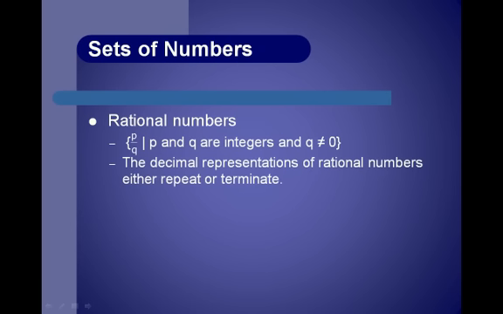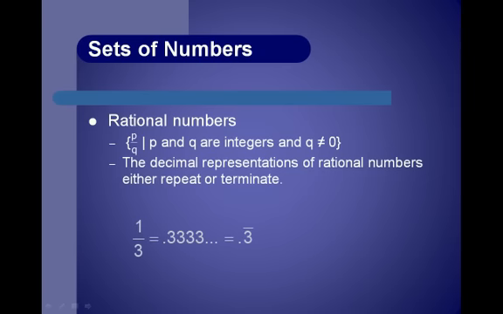This means any number that can be written as a fraction of integers, where the denominator is not 0, is a rational number. The decimal representations of rational numbers either repeat or terminate.